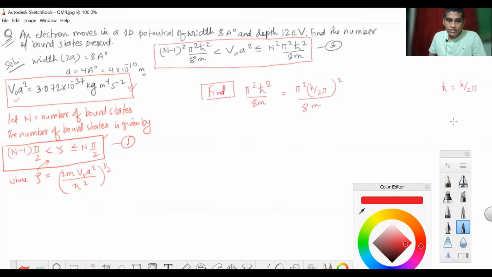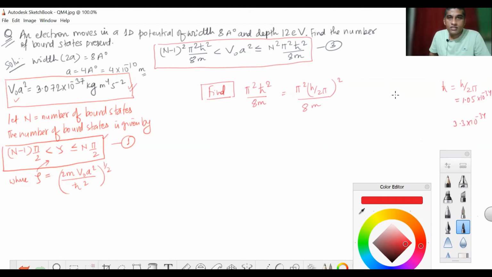So let me write over here, okay, h is 6.6 into 10 to the power minus 34. So we have this, okay, h bar is 1.05 into 10 to the power minus 34.